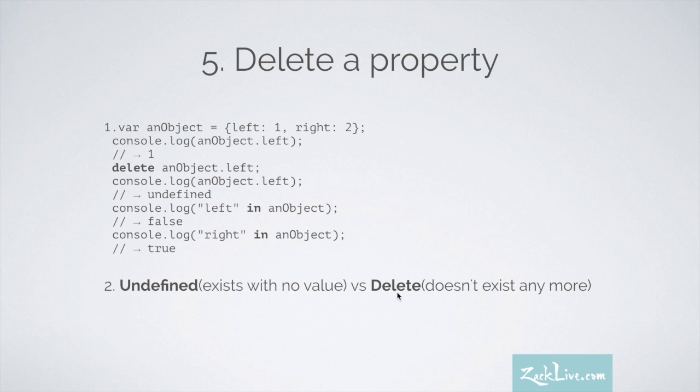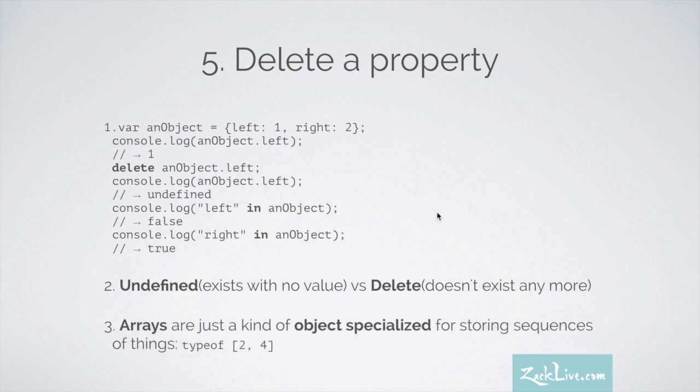When you use delete, the property will be removed. So arrays are just a kind of object that is specialized for storing sequences of things. If you use typeof on an array, you will get the result object. Yep.